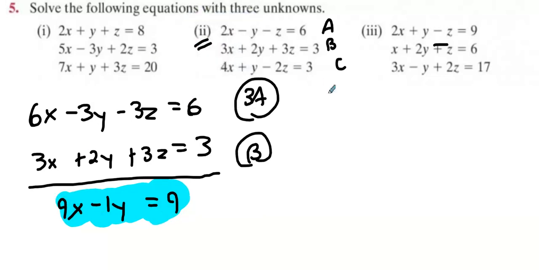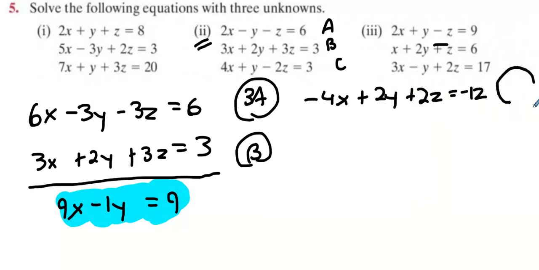Then I can do minus 2a: minus 4x plus 2y plus 2z equals minus 12. Minus 2a, minus 2 multiplied by a. And we're going to add on c.